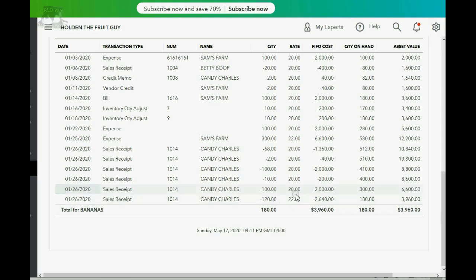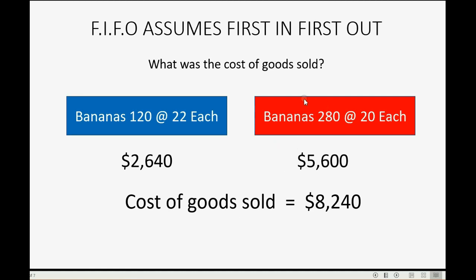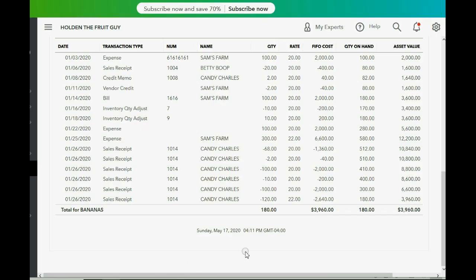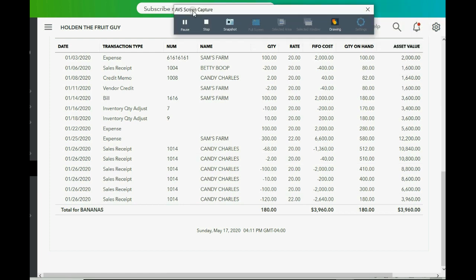And that is showing on the bottom line. 120 of the quantity that went out for this sale is for $22 each. And we also know that the other 280 bananas that are part of the 400 quantity sale were at $20 each. But what they did was they scattered that across several lines.